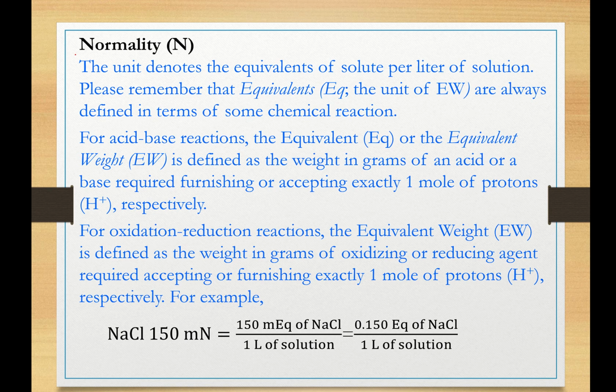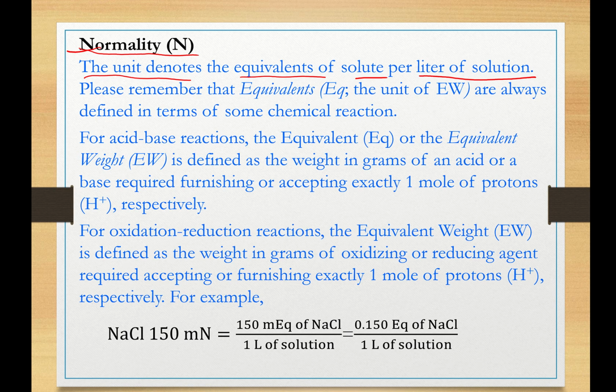Normality. So this unit is still in use in pharmaceutical sciences and clinical sciences. You have to be very careful with it. You need to know what it is, because you use it to calculate equivalence of drugs. So this unit denotes the equivalents of solute per liter of solution.